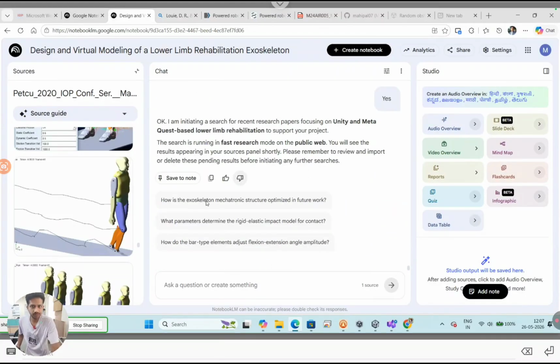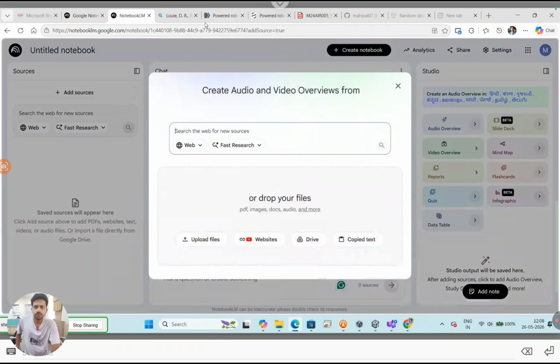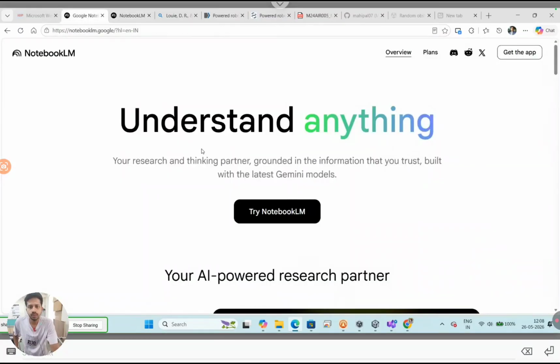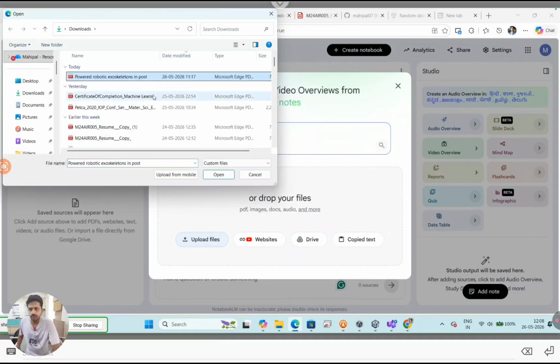I think it will work or not work. One second, what I can do is create another notebook. Now upload files. Upload this file.